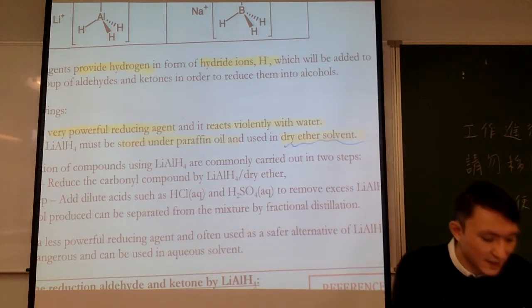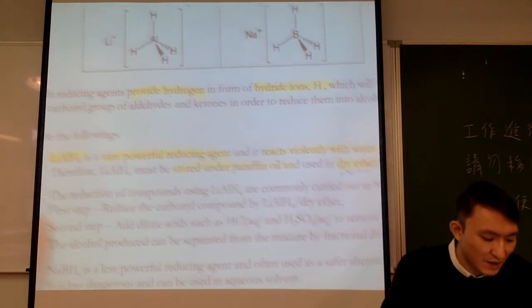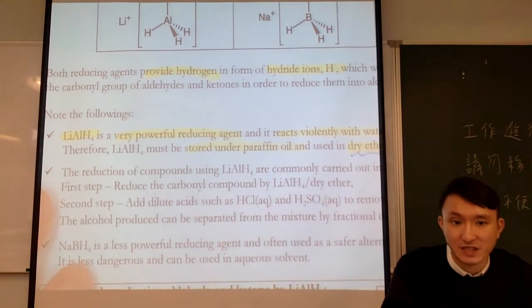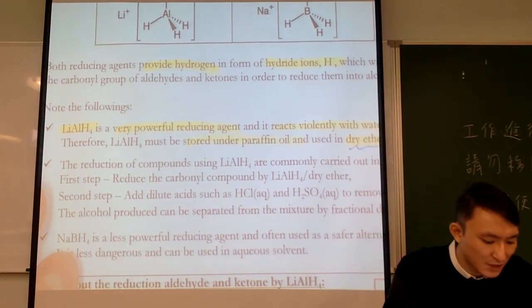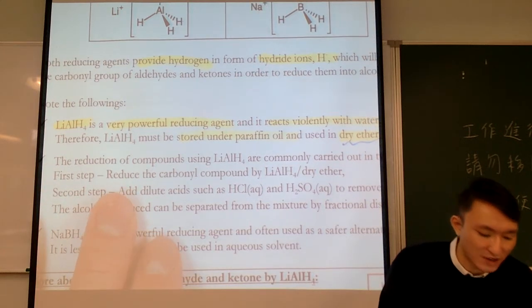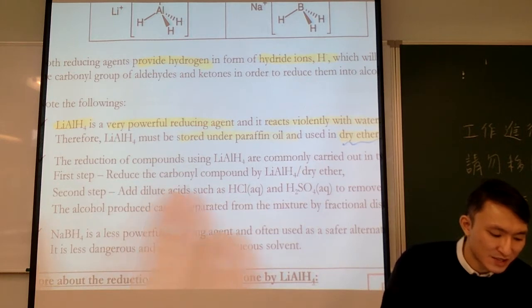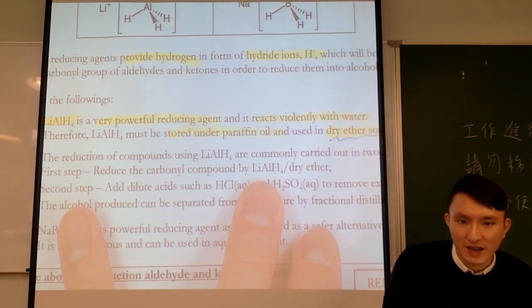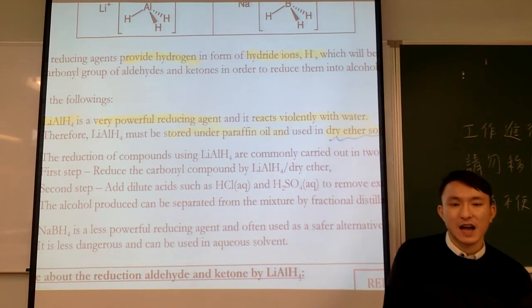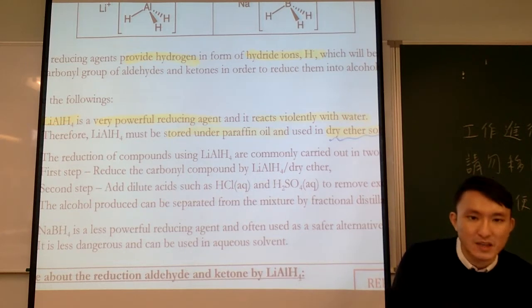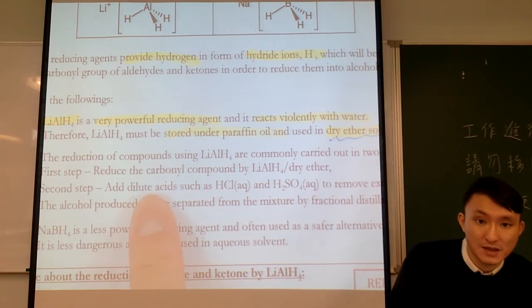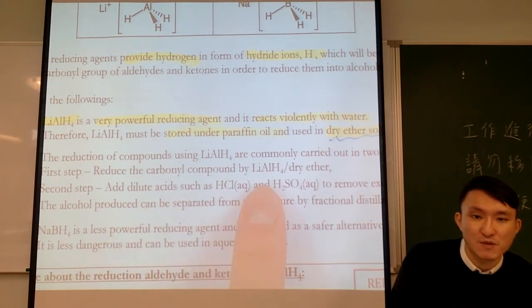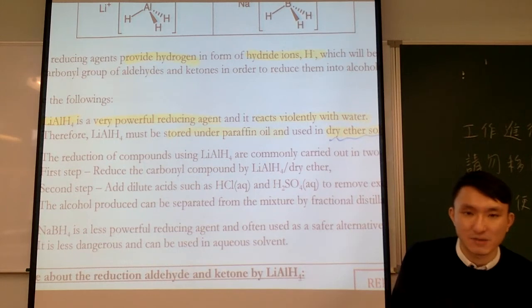Then we also look at a little bit about the reduction process. First of all, if you use lithium aluminum hydride, we will first perform the reduction using it. After the reduction is complete, we need to do another step. This step is important because we try to remove any unreacted lithium aluminum hydride.